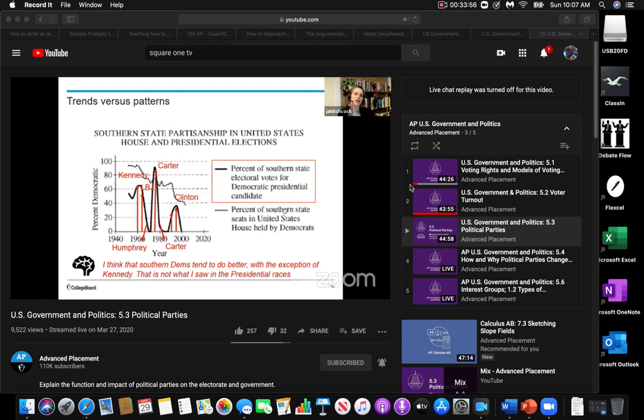Even if I don't know where Humphrey and Carter are from, which is fine, just go with it. But these guys, LBJ, Carter, and Clinton, are easier for me to recognize, and I know they're from the South. So what I notice here is that they have a much better time with their presidential electoral votes when you are putting up a Southern Democrat. But it seems logical, right?